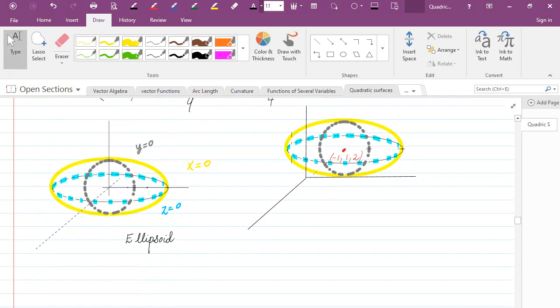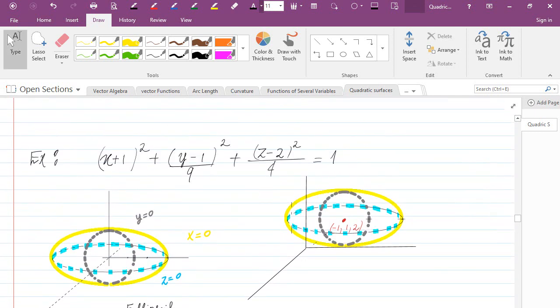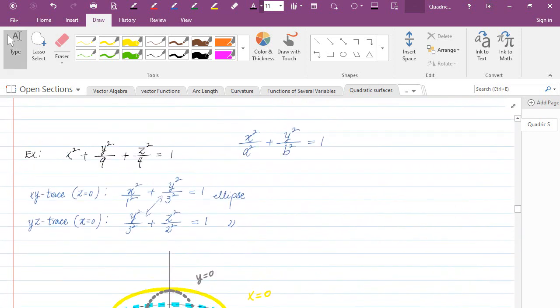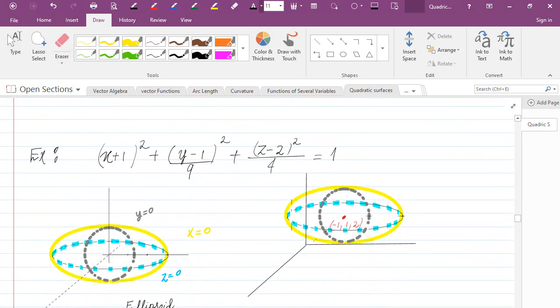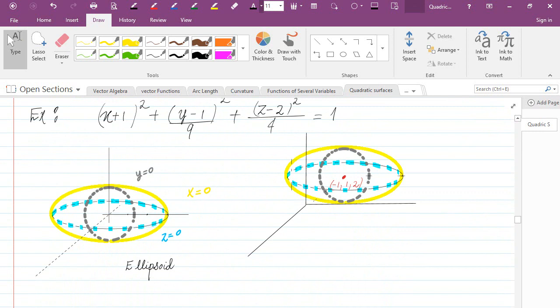So there you go. The graph of this equation would be the same as the graph of this equation, translated by -1 units in the x direction, 1 unit in the y direction, and 2 units in the z direction.